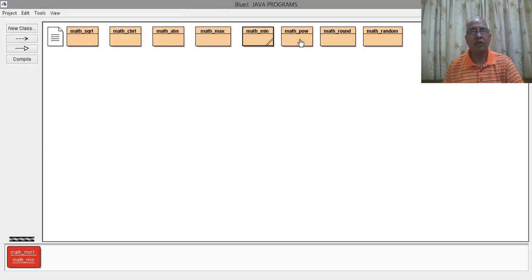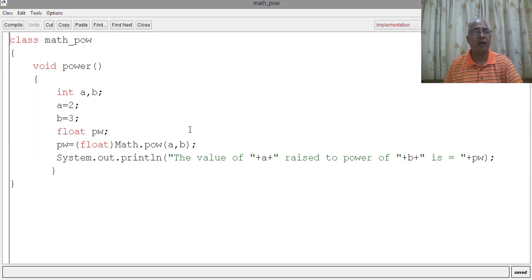Then we come to the Math.pow, that is the function to find the power. Class MathPow, void power. Int A, B, A is equal to 2, B is equal to 3. Float pow, since the answer of the Math.pow function is normally given in float values, so we take it in float. And pow is equal to float. Now pow is actually what?